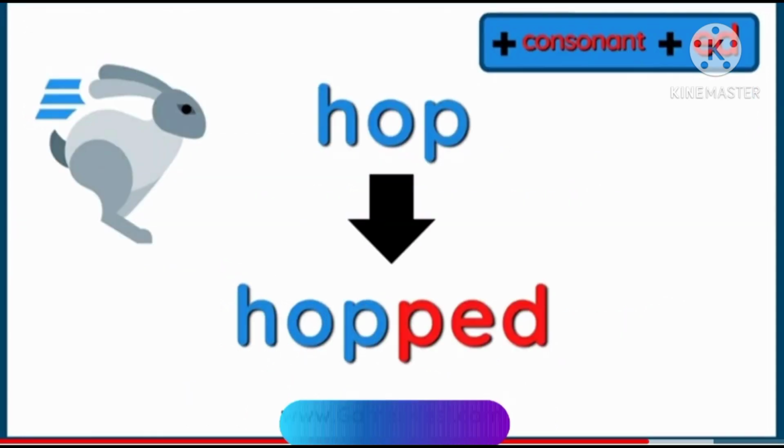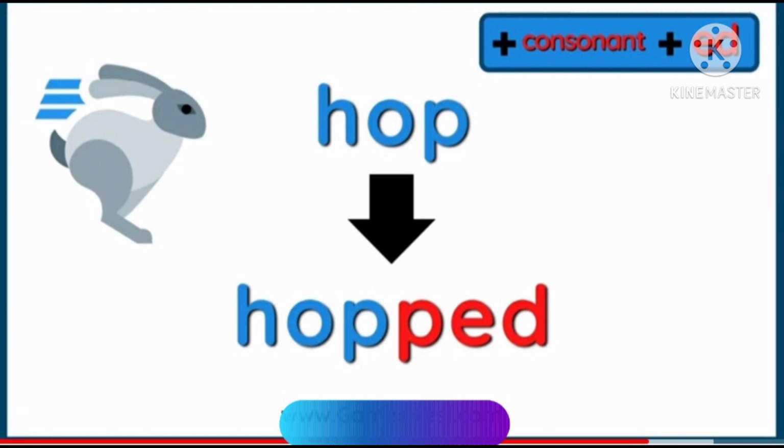So it will become the past tense form of the verb. Second example is hop, H-O-P, where you can see O is the single vowel and P is the consonant at the end. The rule is you have to double the consonant and add ED to it. So it will become hopped, H-O-P-P-E-D, hopped.